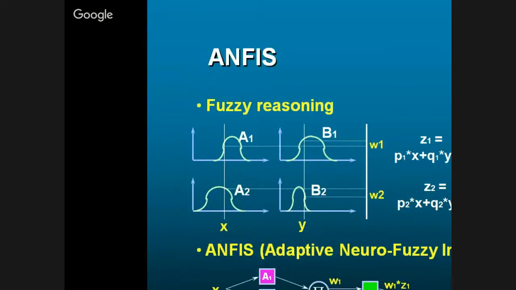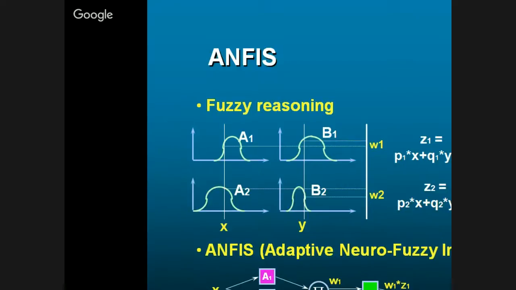So you're multiplying with some function, and then W1 Z1 and W2 Z2 come here, and W1 and W2 are directly going to the summation point. So here Wi into Zi and sigma Wi. The output Z is W1 Z1 plus W2 Z2 divided by W1 plus W2. This is how you get the overall output.